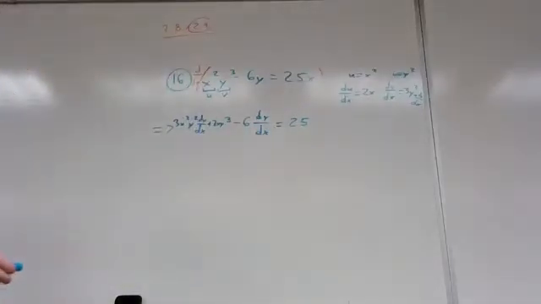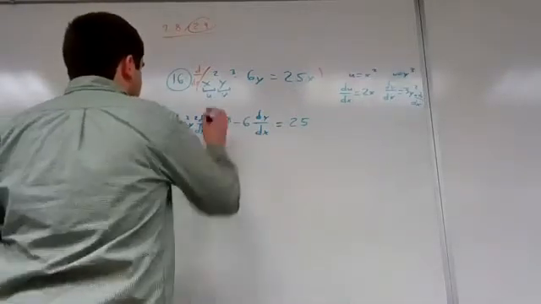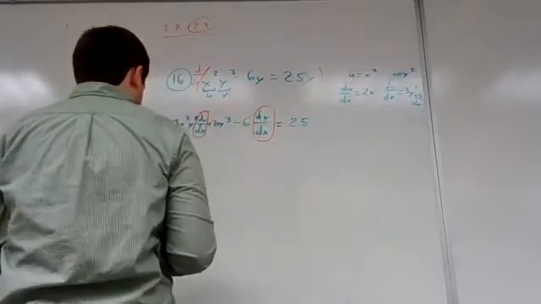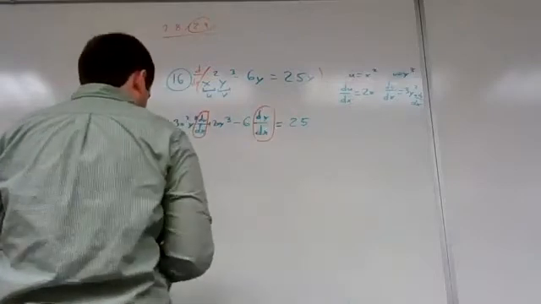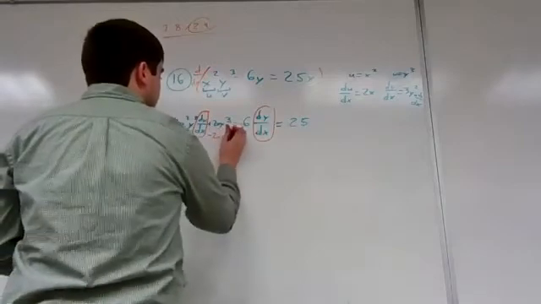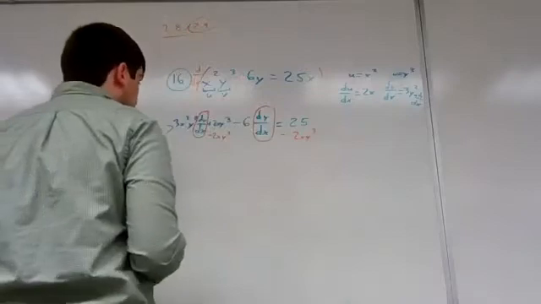Okay. So we are left with this as our derivative, right? So again, I want to get everything with the dy over dx by itself. So I'm going to subtract 2xy cubed from both sides.